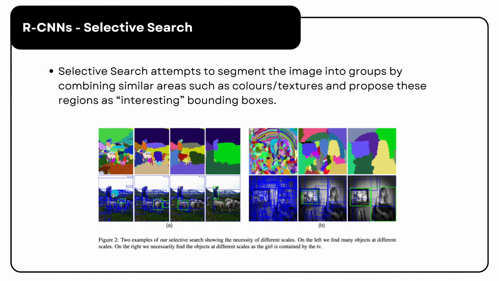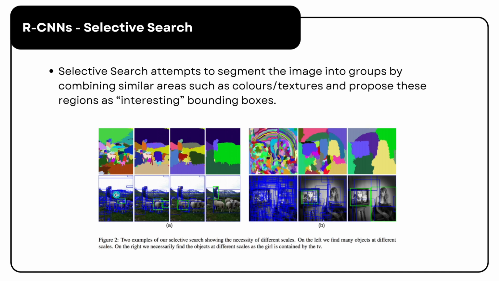Instead of checking every possible region, it tries to segment the image into regions that are visually similar in color, texture, size, and shape. Then it proposes those segments as possible object locations.